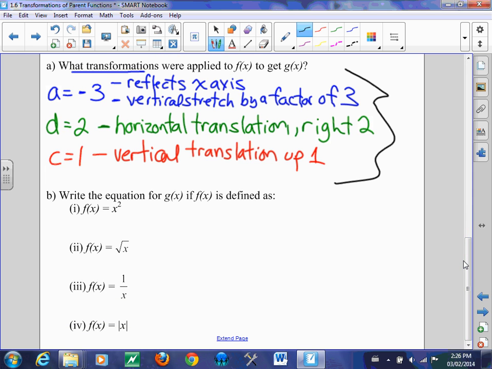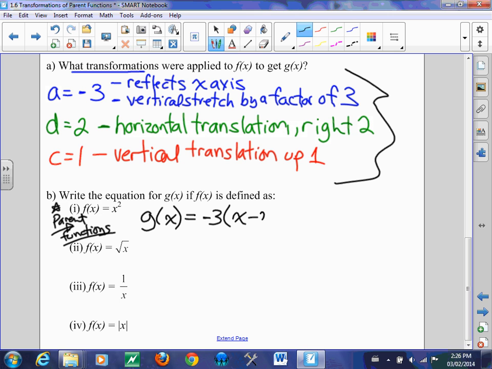In the second part here, in part B, write the equations for g of x if it's defined by. This is where we talk about the parent functions. Okay? Then we can graph it once we know which parent functions we're dealing with. So for the first one, g of x here will be, okay, if we're doing quadratic, the a goes out front, right?